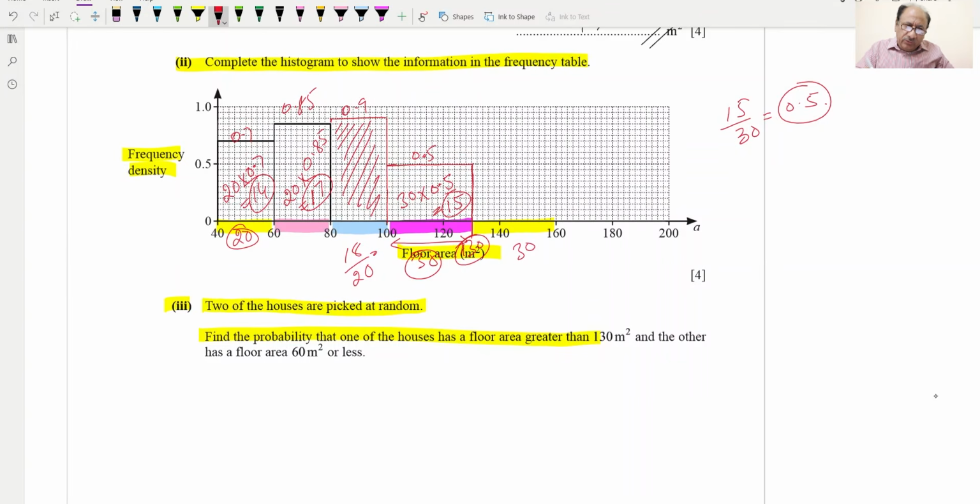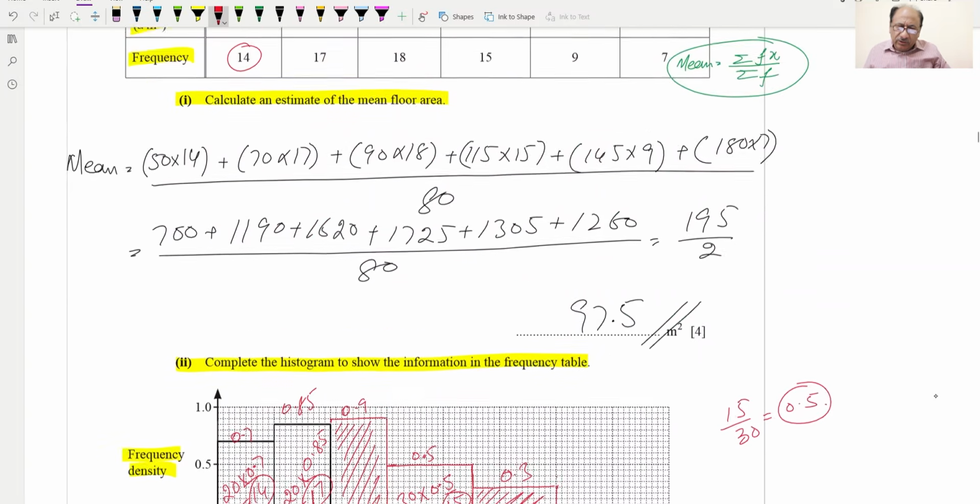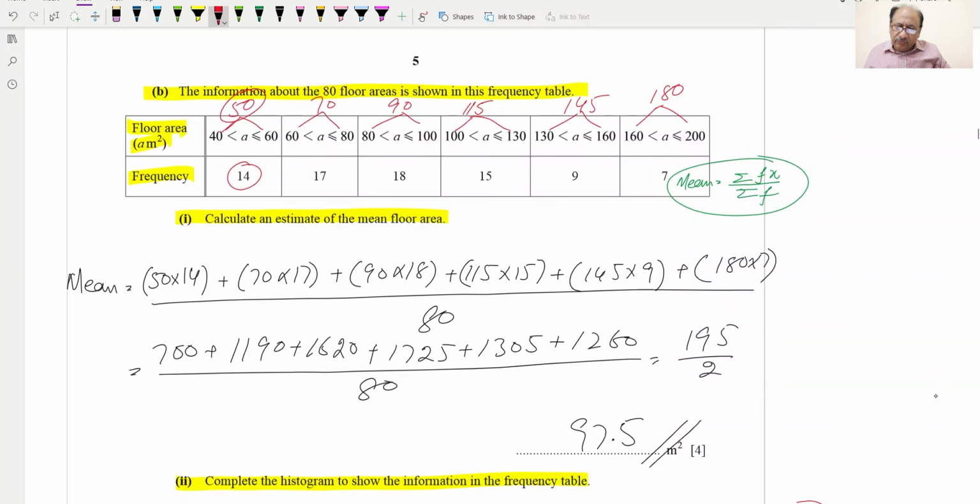So the height should be 0.3, and 0.3 we can take up to this one. So if we draw 0.3, it will be this bar, and if we multiply 30 by 0.3, it will be 9.